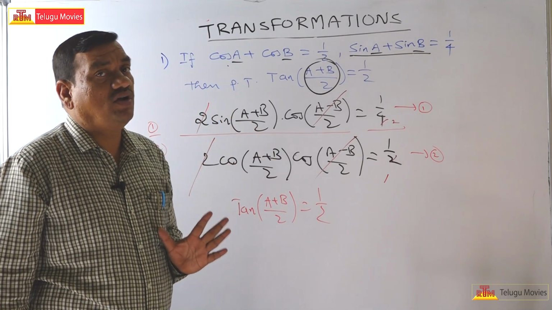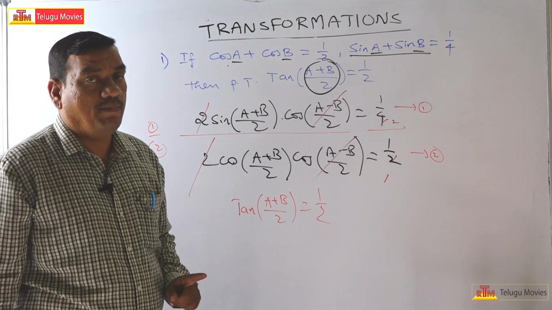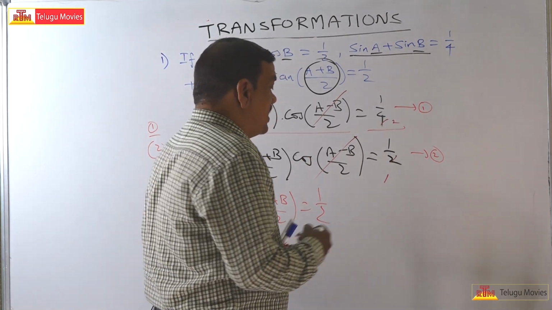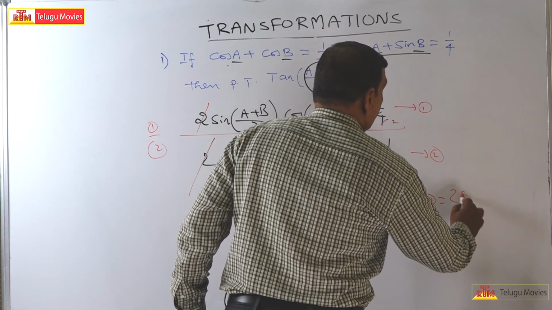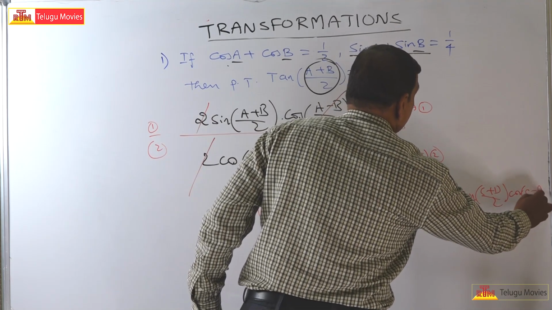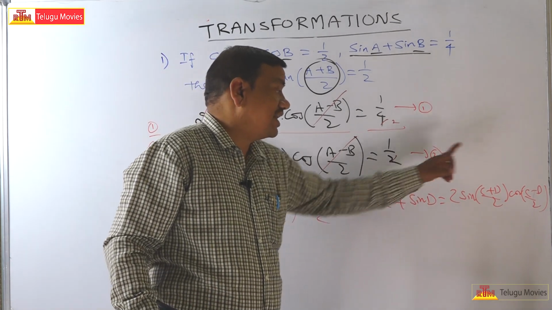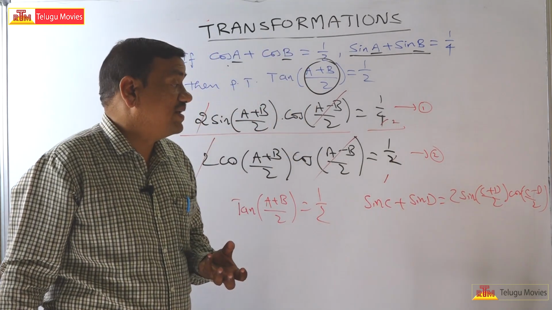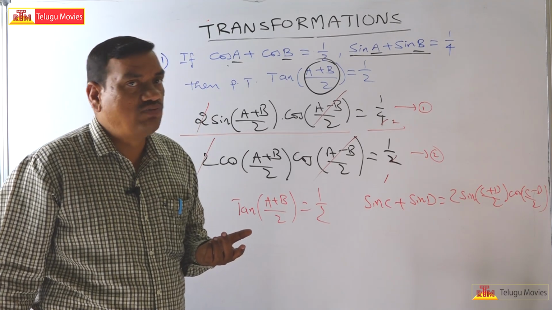Whenever such relations are given, immediately you should get the idea that you have to apply the transformation formulas. Here sin C plus sin D is equal to 2 sin (C plus D) by 2 cos (C minus D) by 2. Whenever you want to find C plus D by 2, C minus D by 2, immediately go for the transformation formulas.